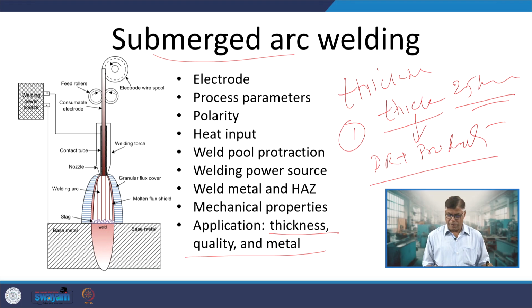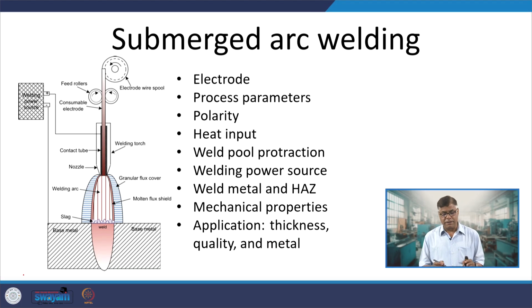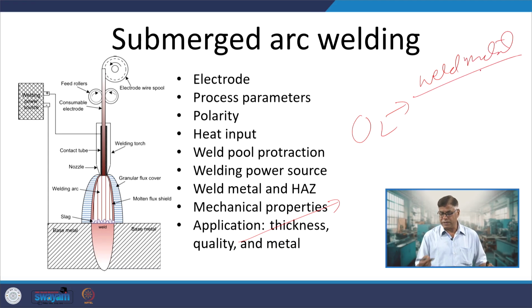heat input. Okay. Then, certainly due to the higher heat input feature, SAW is not used for the welding of thin sheets. As far as the quality is concerned, oxygen content in the weld metal is high. So, the weld metal will have impurities in the form of oxide inclusions or porosity. At the same time, heat input is high, H net is high.